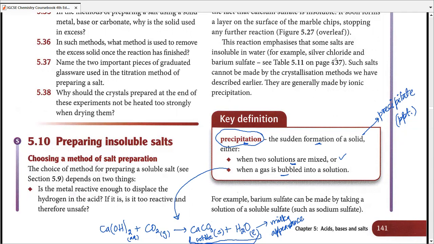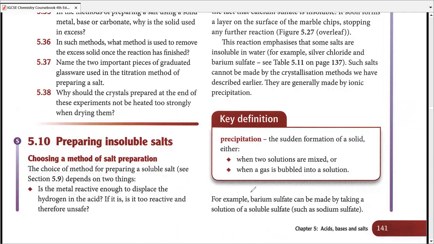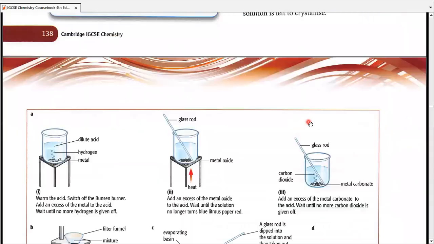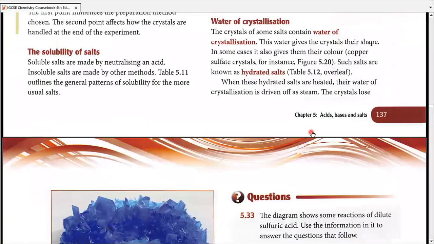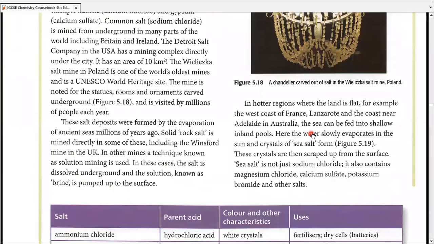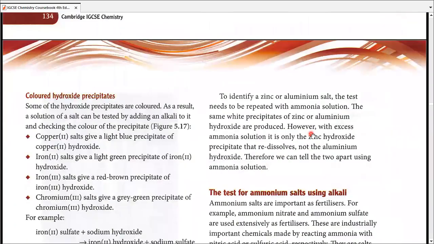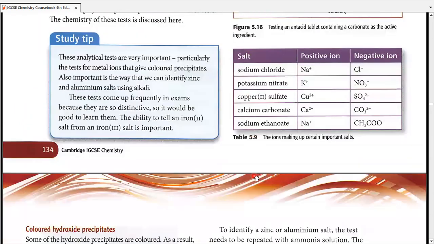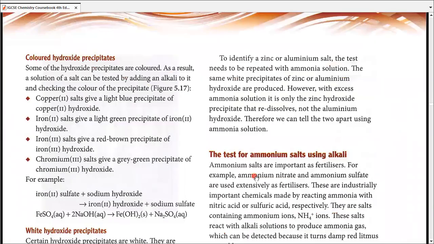Done, sir. Okay. So if I go a few pages back, currently we are at page number 141, and I'm going to move about 8 to 9 pages. This is 5.7. The topic is acids and alkalis in chemical analysis.